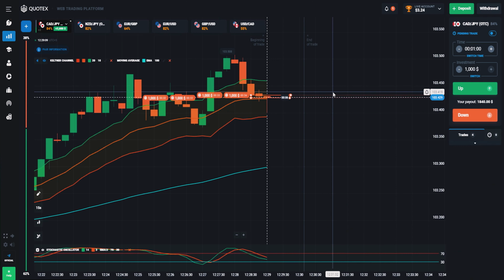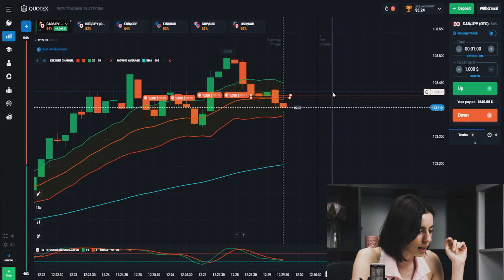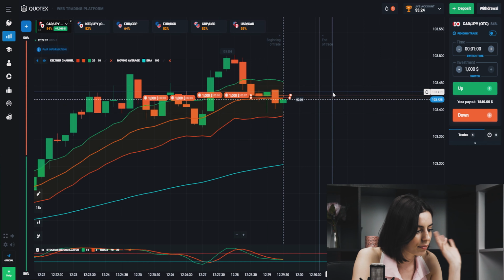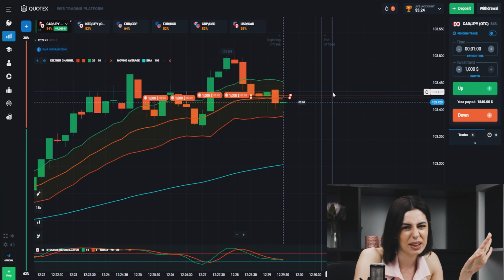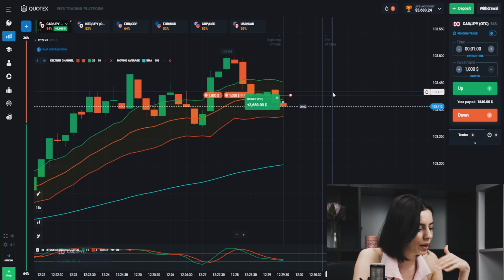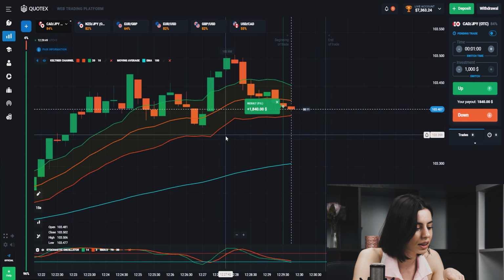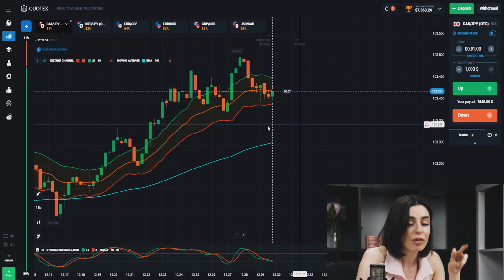Ten seconds left, and the chart is below the estimated level. I love it, especially in the last bets when I am having all these results. Here again, $7,000 with this strategy.